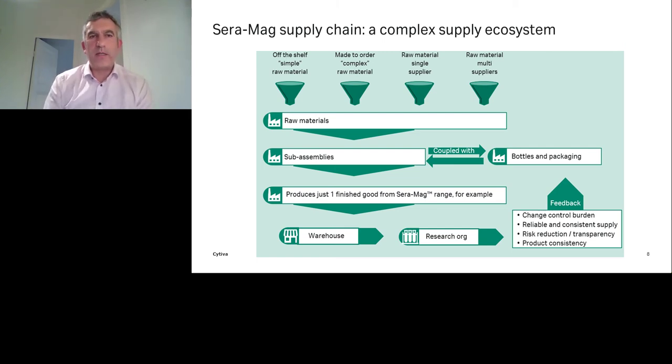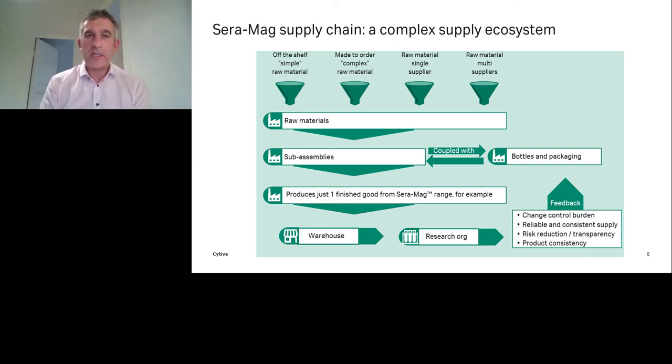So this slide depicts what we see as a complex supply ecosystem related to our Sera-Mag production. As you can see at the top, we have a number of raw materials, some of which are off-the-shelf, simple raw materials, others more complex and can be made to order by our suppliers. We have some of each of those that are single sources and some that are multiple, where we have multiple suppliers.